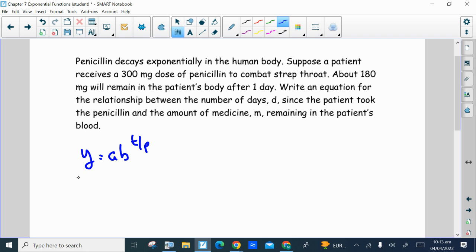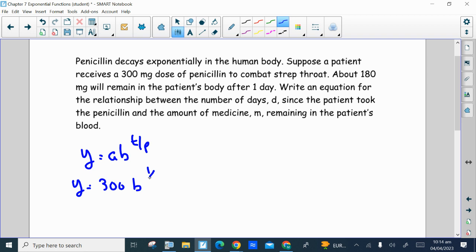Now in this case, the initial amount is 300 milligrams, so that's our A value. And we're not given a graph, so we're not told what the number is after every so often. In this case, it would be days, so we'll just go with 1 day.